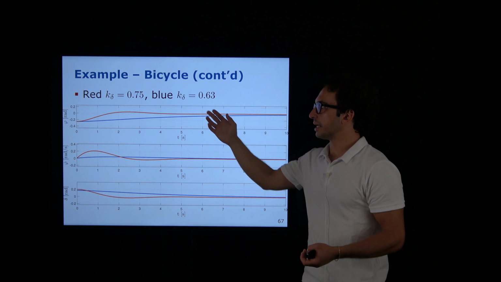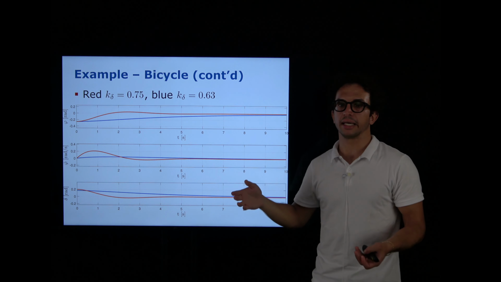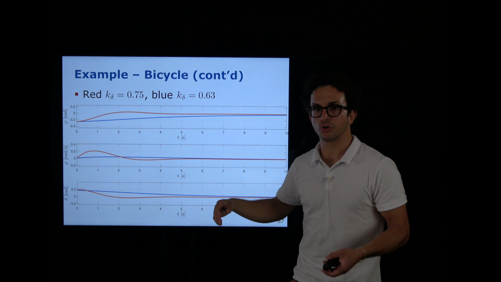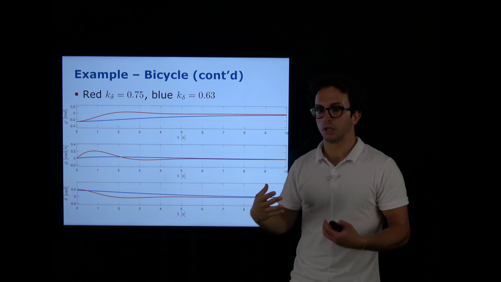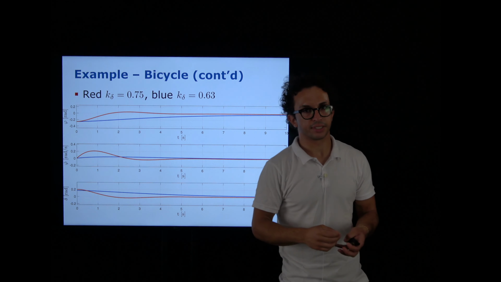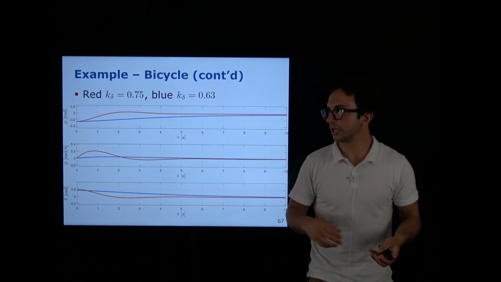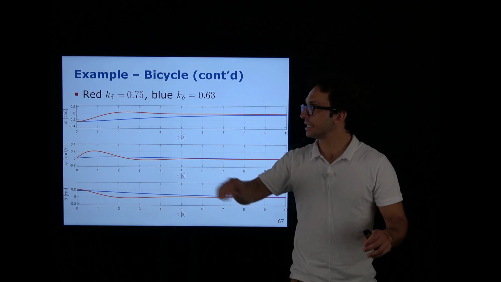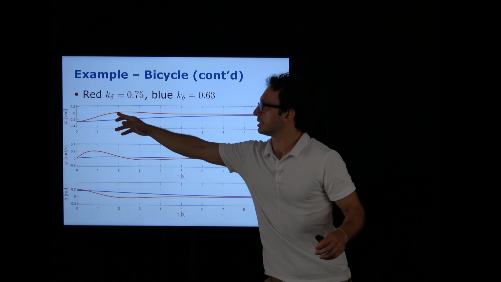You can see that depending on the choice of k, the evolution is a bit different. We have a more aggressive k, 0.75, with respect to the milder 0.63. With the more aggressive gain in red, you can see that the bike reaches 0 right away, but then there's a bit of oscillation. There's a bit of overshoot, what we define as an overshoot.